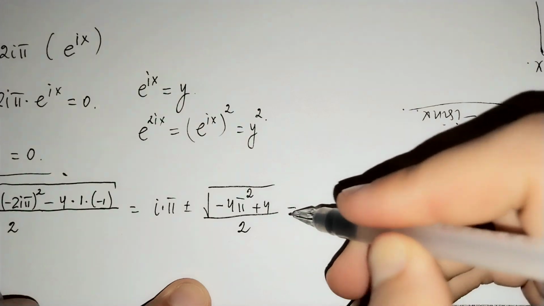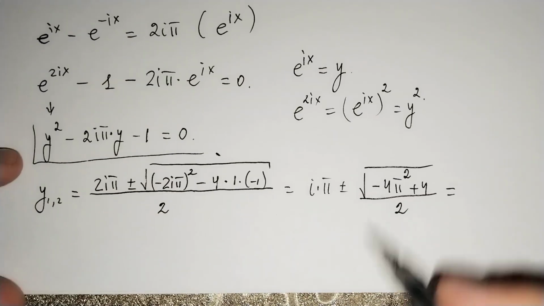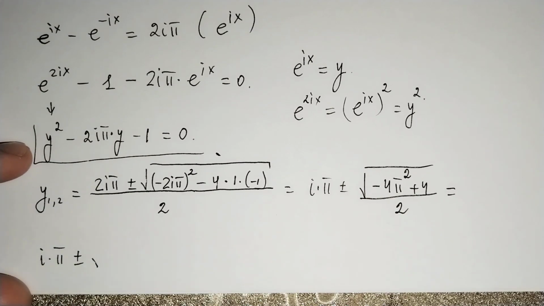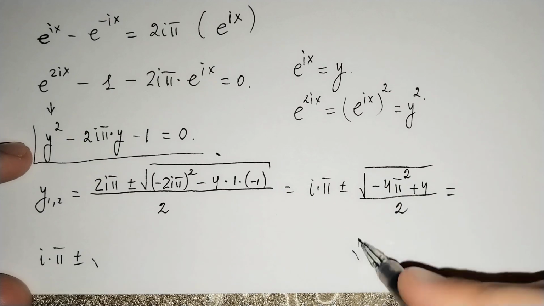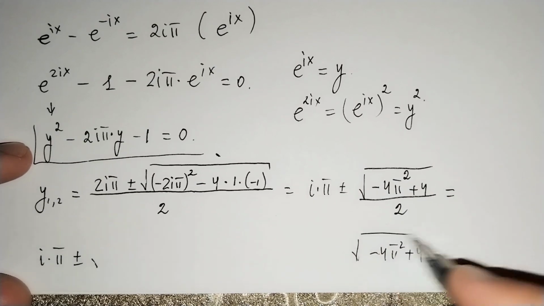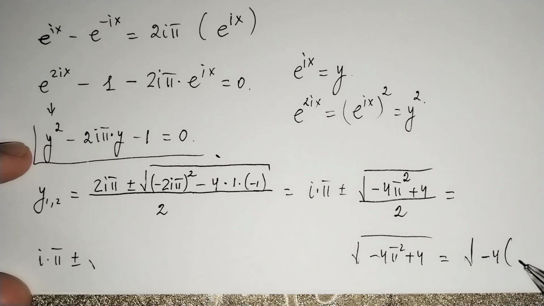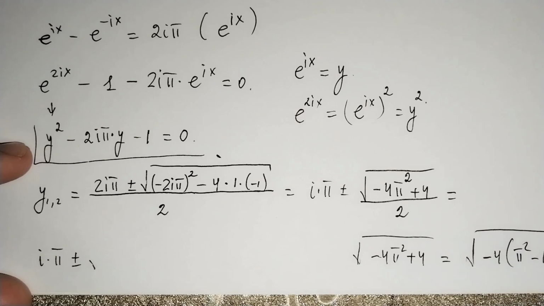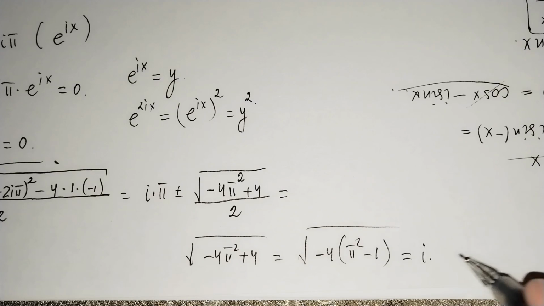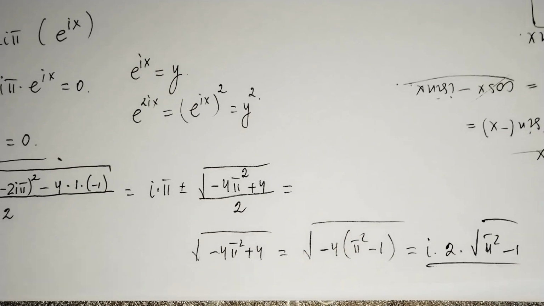Then this is equal to i times pi plus minus the square root of minus 4 times pi squared plus 4, which equals the square root of minus 4 times pi squared minus 1, and it gives i times 2 times the square root of pi squared minus 1.